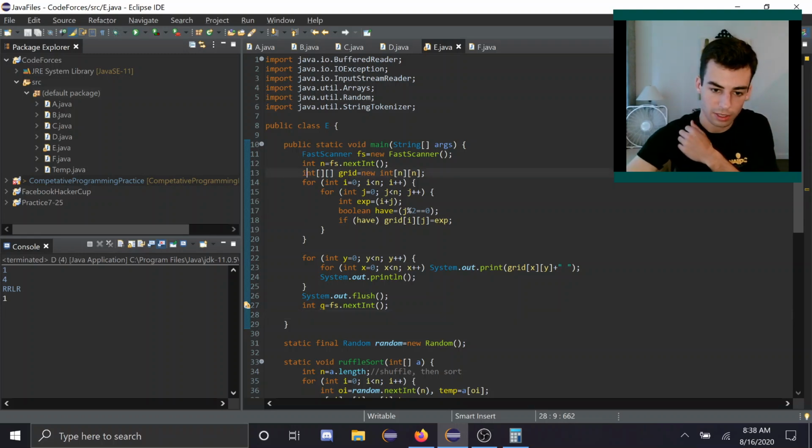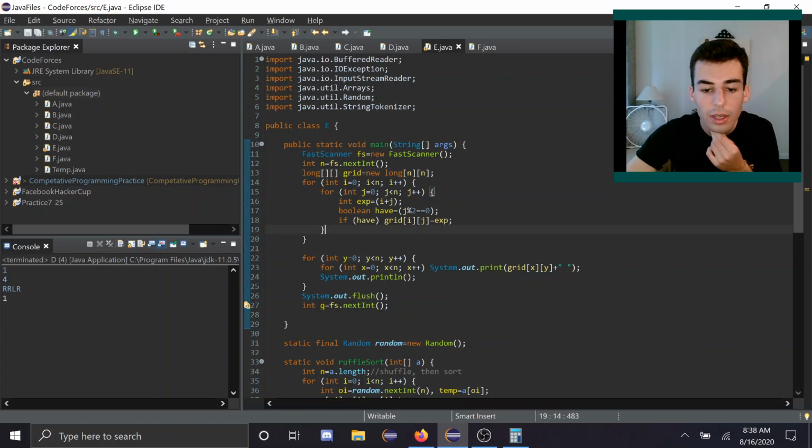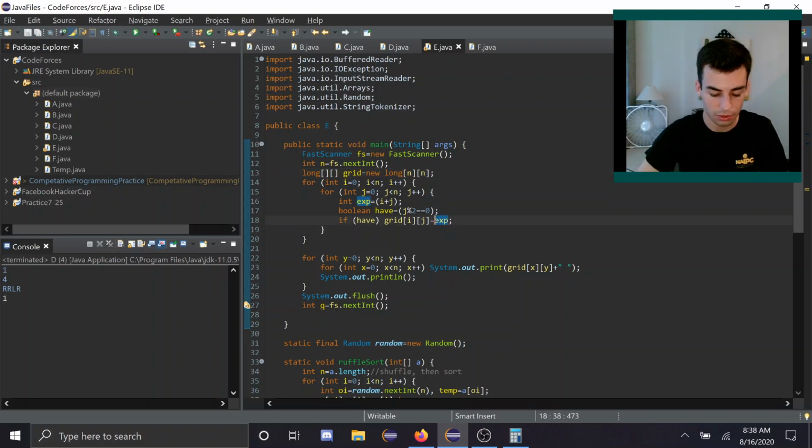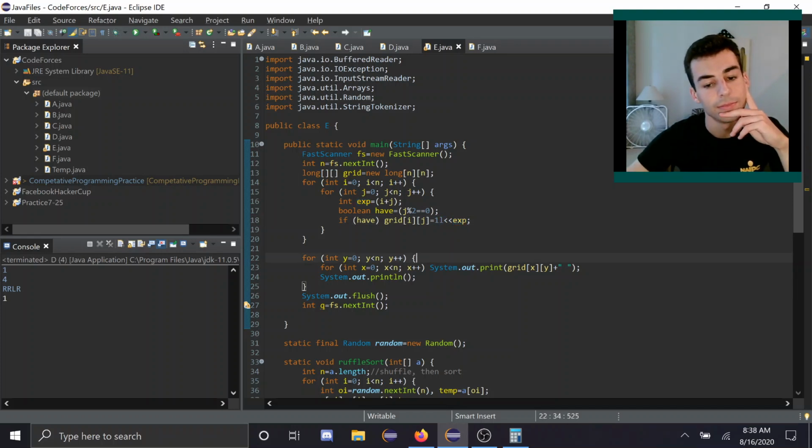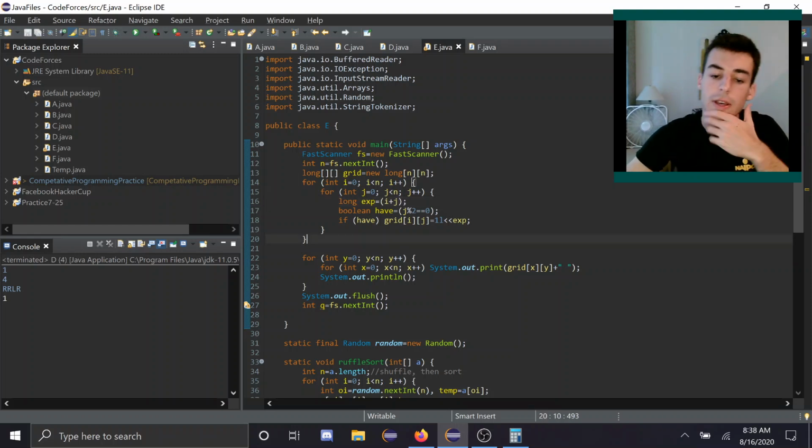This can't be an int array, this has to be a long array. Let's not make this mistake again in the same contest. Doesn't equal x equals 1L left shift x. Let's make this a long just in case. Probably not necessary.